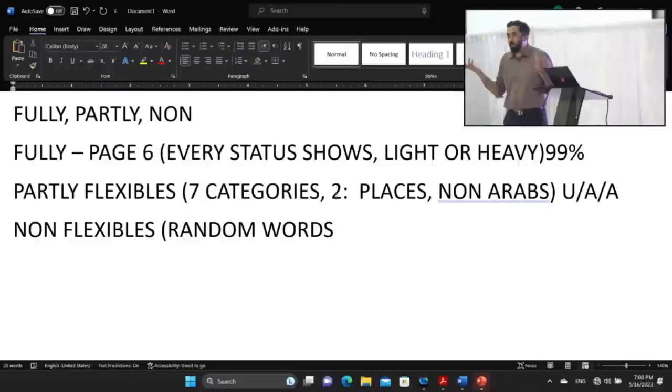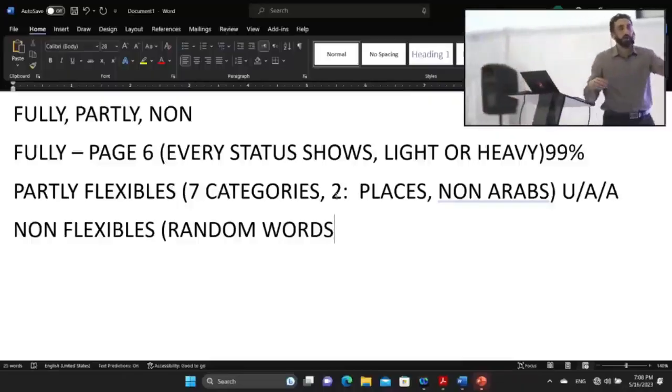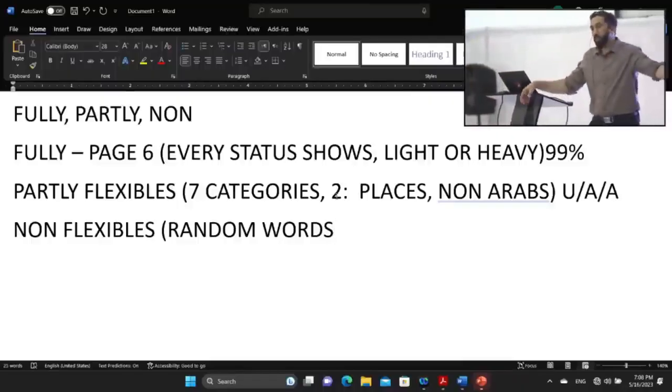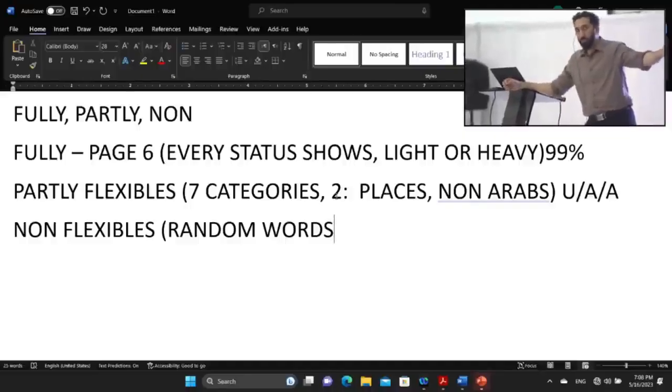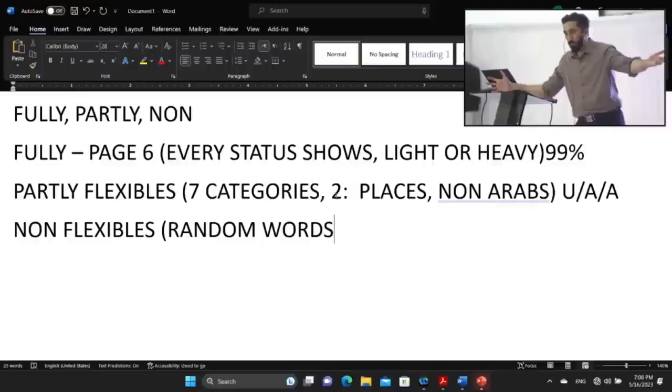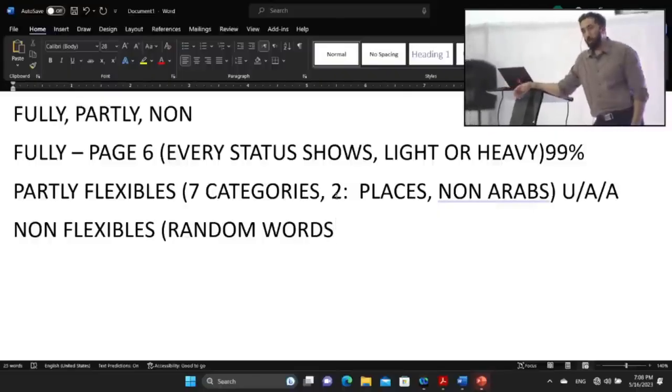Non-flexibles, it's just the Arabs decided some words are non-flexible. We didn't really have a say, or you can try to discover each case why it is like that. And when you get very advanced in Arabic grammar, you can get there, but it's really not super relevant information. It's cool information, but I call it NPR information.